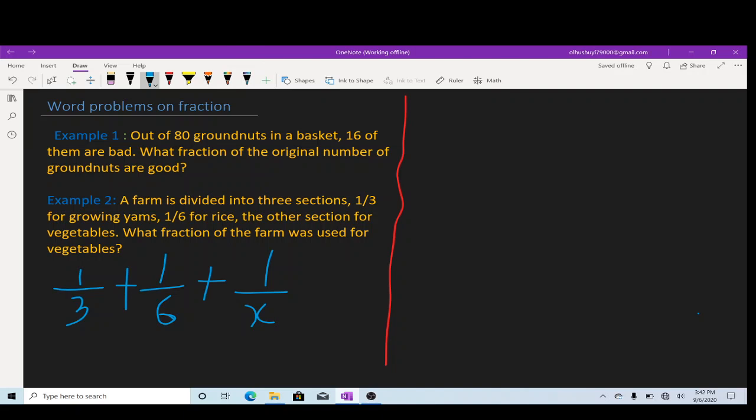I don't know the value of the third section, but it's a fraction, 1/x, and the total should be equal to 1. I can equally say 1/1, which of course you know is 1.